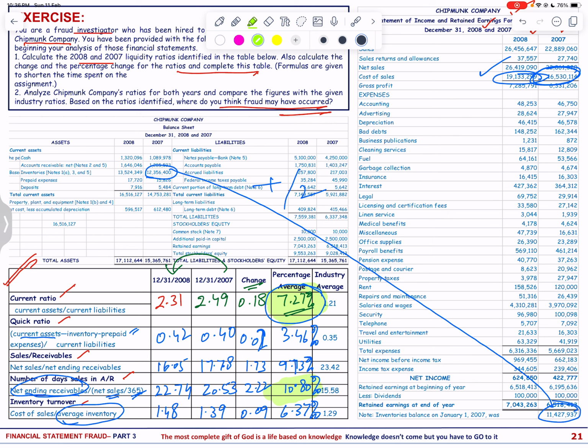So, these trends warrant a thorough investigation into the company's financial operations and practices to ensure integrity in its financial statements. So, this completes our fourth video on financial statement fraud.